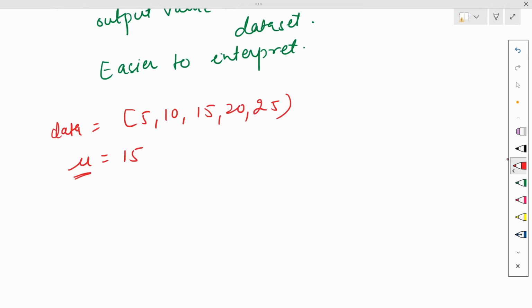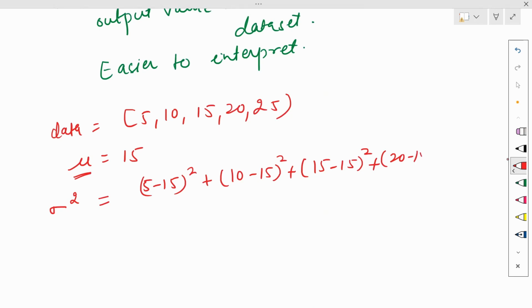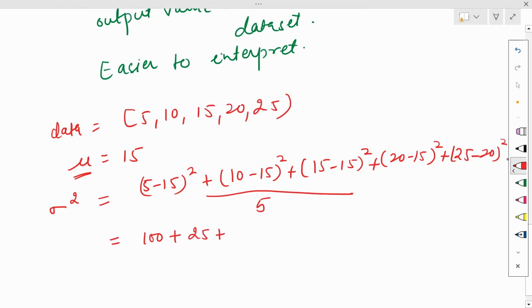Now, to find out population variance, which is sigma square, it will be (5 minus 15) square plus (10 minus 15) square plus (15 minus 15) square plus (20 minus 15) square plus (25 minus 15) square divided by total number of entries, which is 5. And it will be 100 plus 25 plus 0 plus 25 plus 100 divided by 5, which will be 250 divided by 5, and the answer is 50.